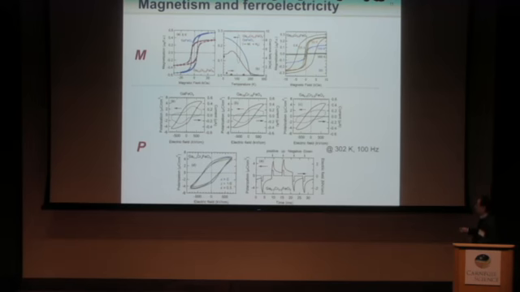We have measured the PUND and the polarization by the PUND technique. So anyway, although the leakage current increases with the chromium content, these three materials show ferroelectricity.